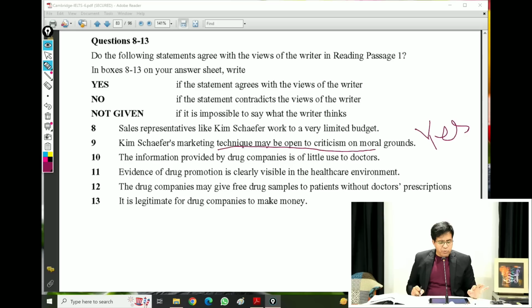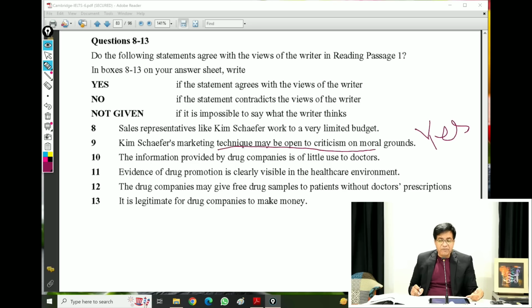Okay? Now, question number 10. Information provided by drug companies is of little use to doctors. Now, look at me. Information provided by drug companies, like the medical reps, they give information to the doctors. If that information is very useful, then it is no. If that information is useless or a little useful, then the answer is yes, because they say here of little use.